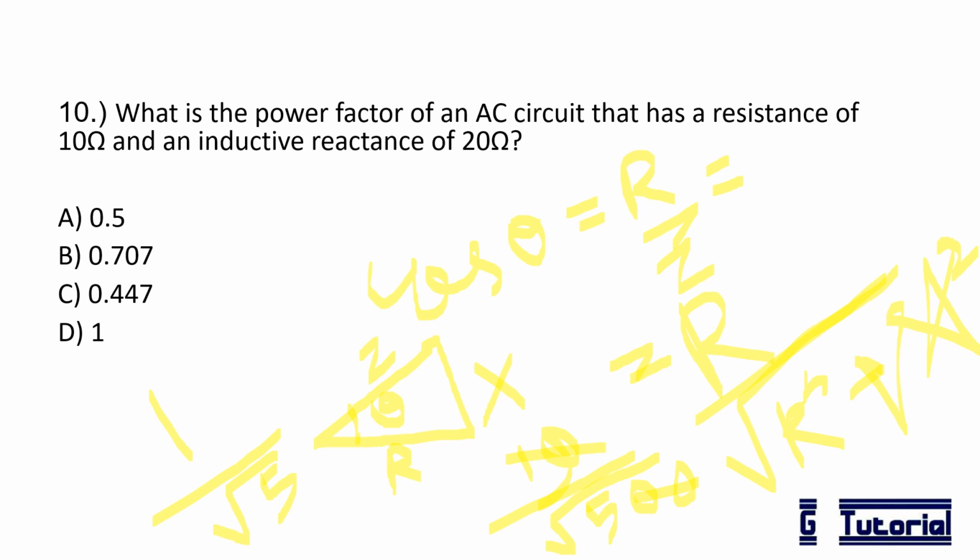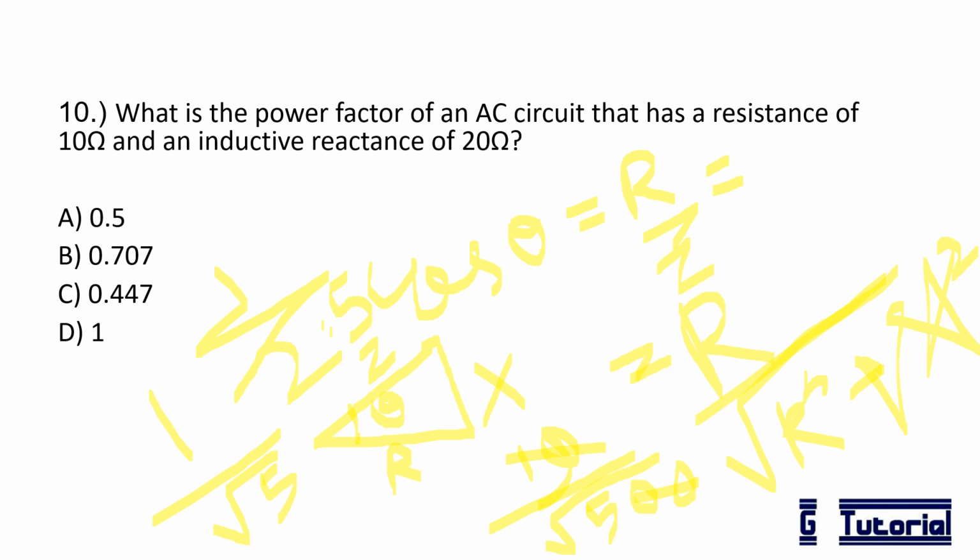It is greater than 2. 1 by 2 is 0.5, but the value of root 5 is more than 2, that is 2 point something.